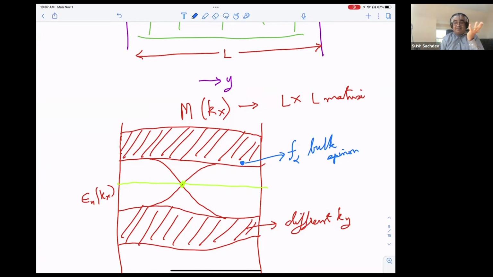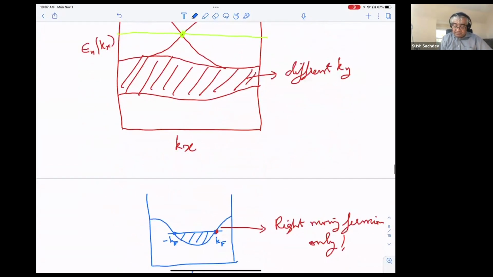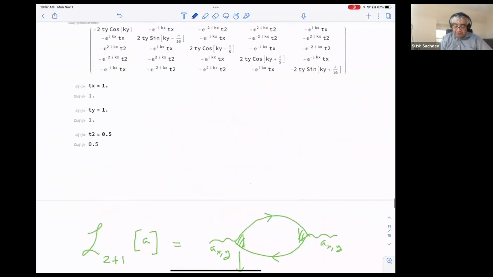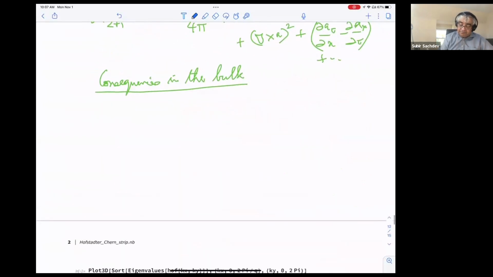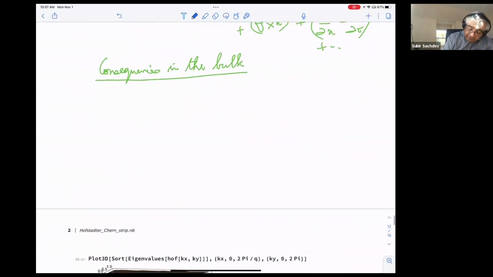But now this is not correct. This object here, this gapped excitation you can create in the bulk, is in fact not a fermion. And that's the consequence of the Chern-Simons term. So what happens is that F alpha, the spinon, becomes, in this case, what people sometimes call a semion.